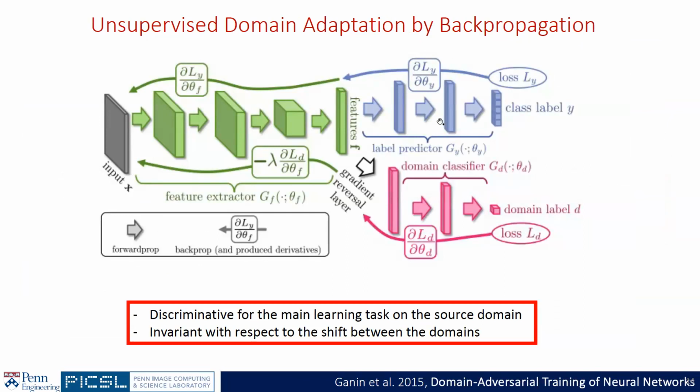So again, our task over here is to classify images such as dogs and cats, right? And what do we want to achieve by domain adaptation? We want two things out of the network: that it should be discriminative enough for the main learning task on the source domain, that is, it should be able to detect a cat from a dog.